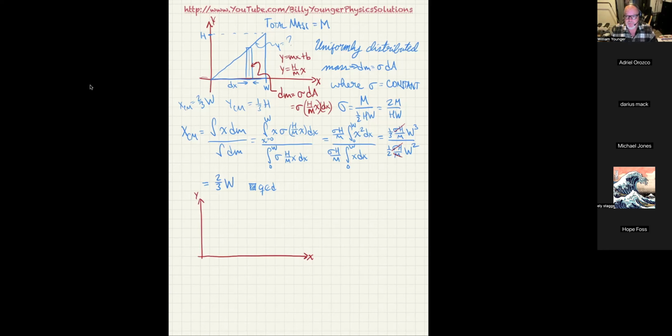When you choose a differential mass element, dm, like I did, that little rectangle, it's important that the x value in the quantity dm is not significantly different from one part of it to another.